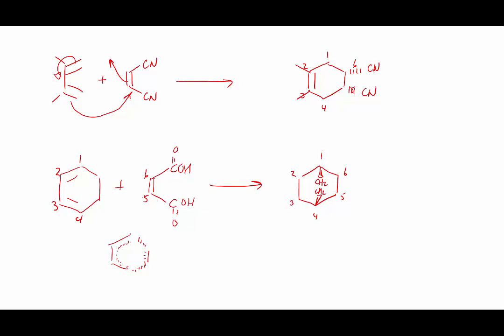What's attached to carbon 4? CH2, CH2 bridge. So that's where the bridge comes into play. Up here, 1, 2, 3, and 4, there's nothing attached to 1 and 4, so there's nothing to put in those positions. So I have a CH2, CH2 bridge.